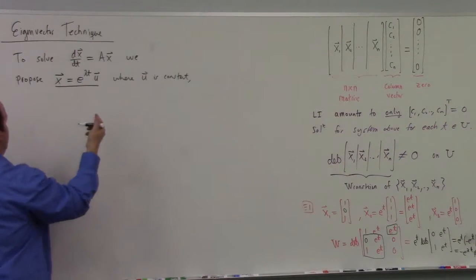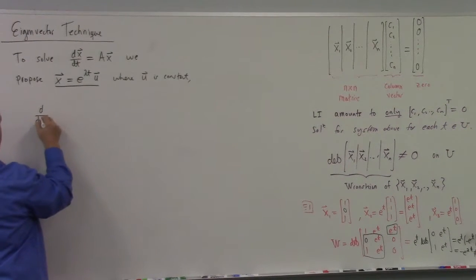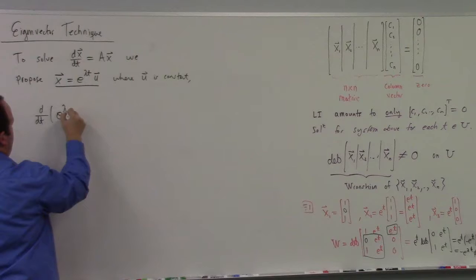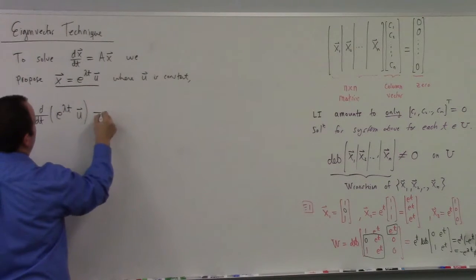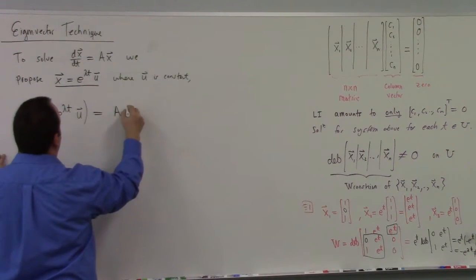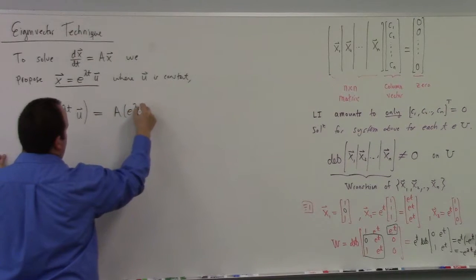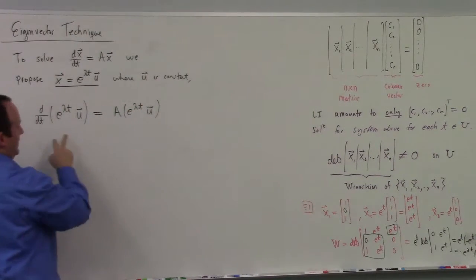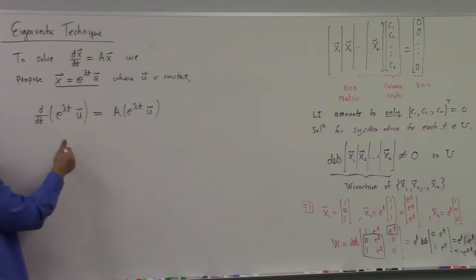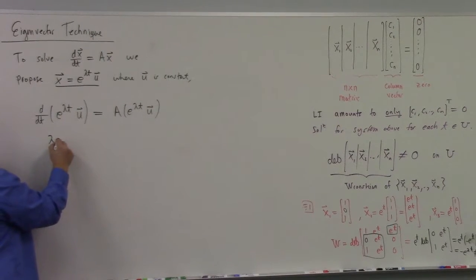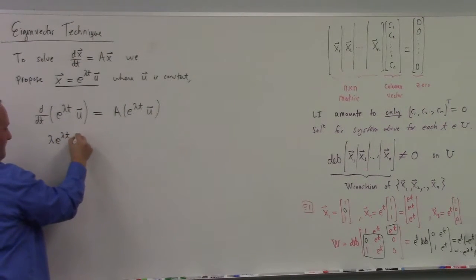And what does that mean? That means that d/dt of e to the lambda t u is equal to A times e to the lambda t times u. So you differentiate. Differentiating gives you lambda e to the lambda t u.